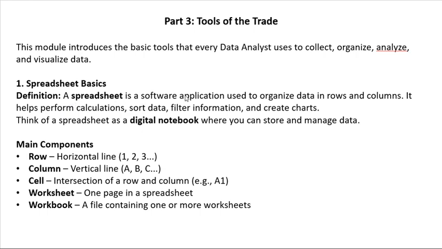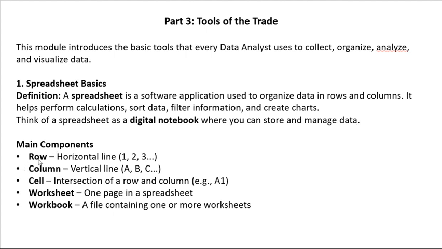A spreadsheet is a software application used to organize data in rows and columns, and it helps perform calculations, sort data, filter information, and create charts. Think of a spreadsheet as a digital notebook where you can store and manage data.